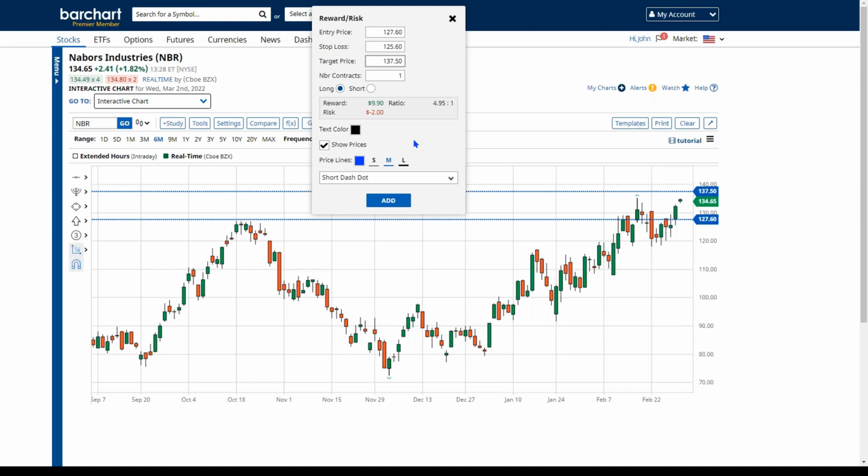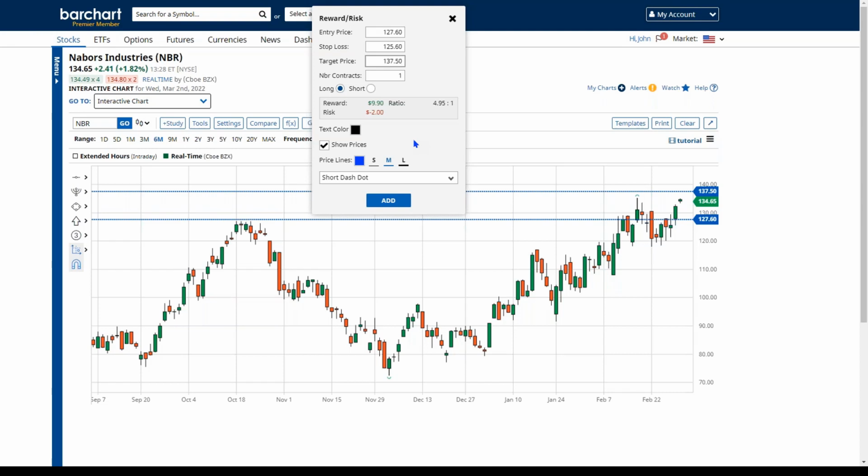Now, as far as swing trading is concerned, when we start looking at this risk-reward ratio, what we want to do is make sure that we get enough reward for the risk that we're going to take. Now, some day traders might do 1-to-1s or 2-to-1s, but we're not in that game. Swing traders, we want to make sure that we get at least 3-to-1. I think that is a good reference point for us.